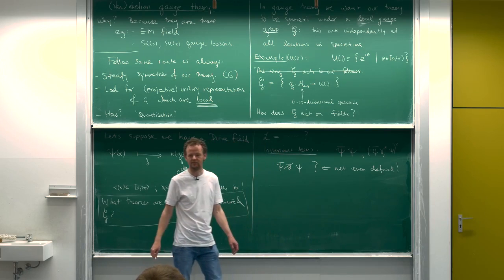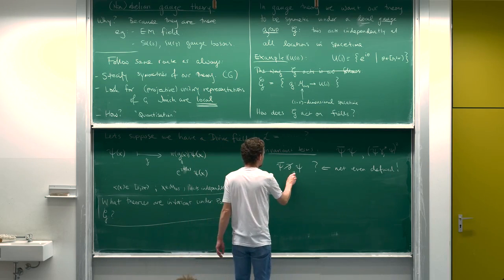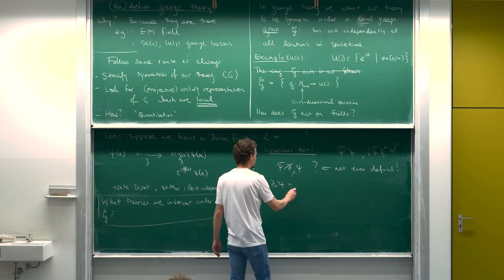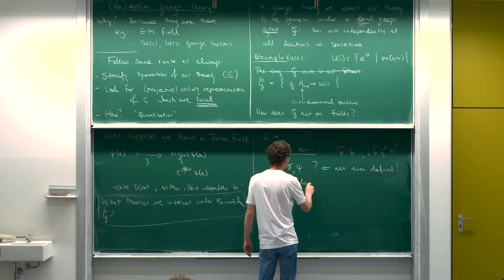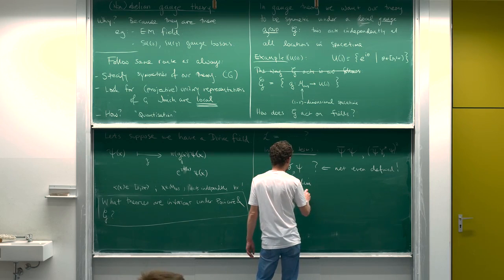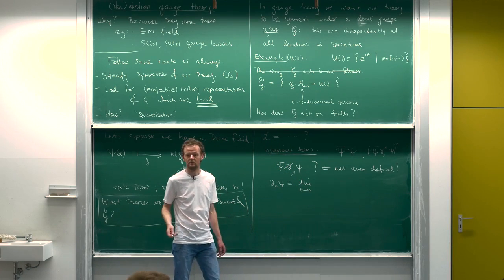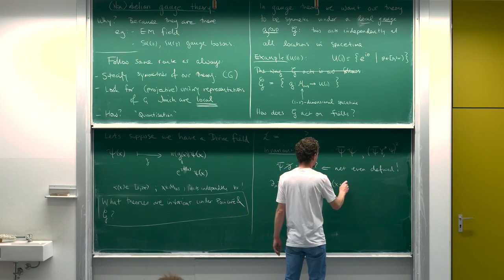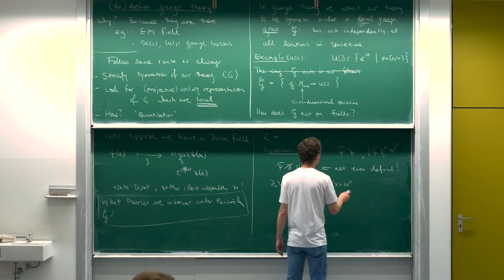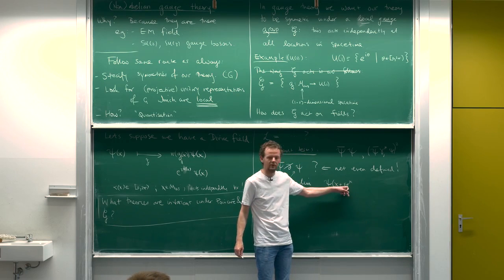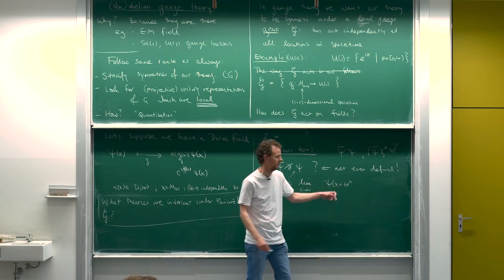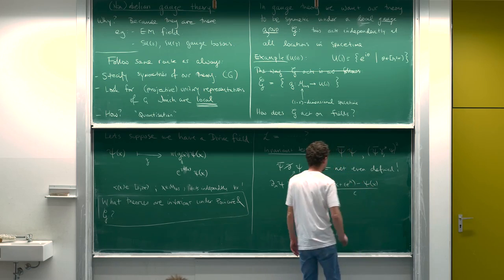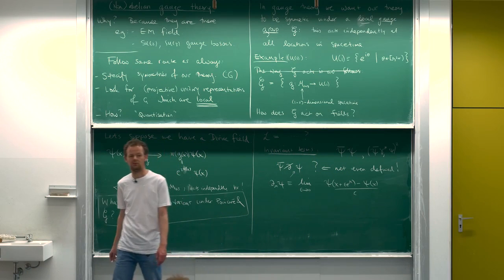And let's explain why it's not defined. Inside here, there's a derivative, yes, d mu. And d mu psi is defined to be, well, according to the rules of calculus, a limit of the difference between two fields, namely the field at space-time location a little bit away in the direction of the mu vector from x, minus the field at x, divided by epsilon. That's what d mu psi of x is equal to.